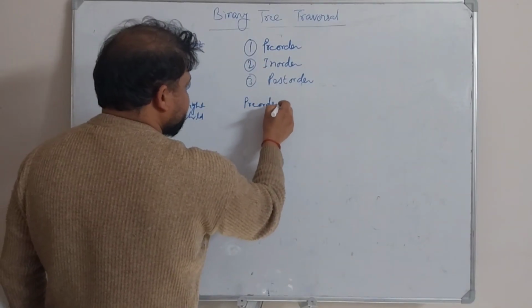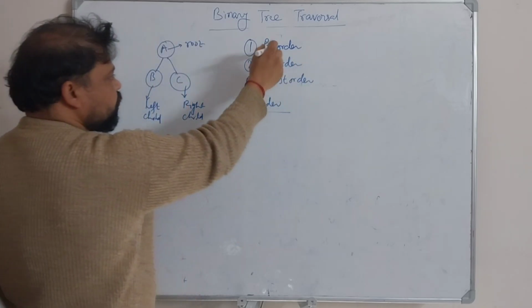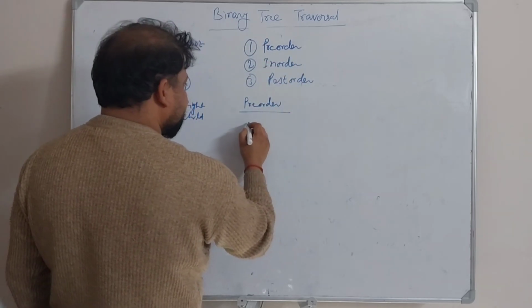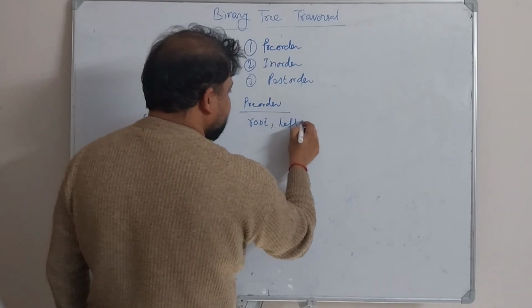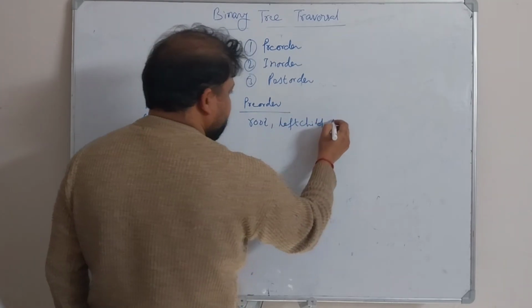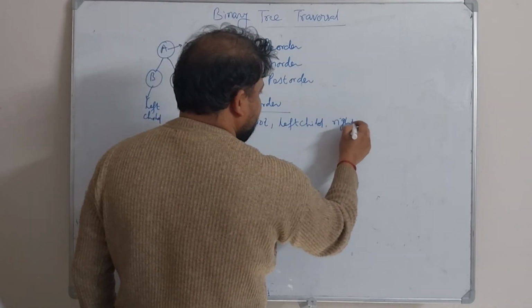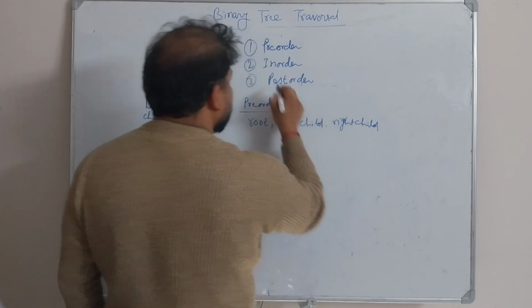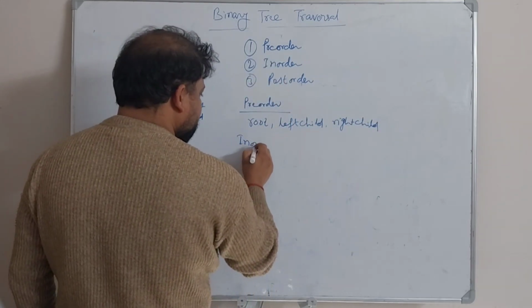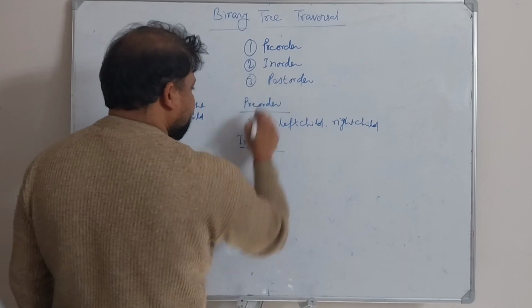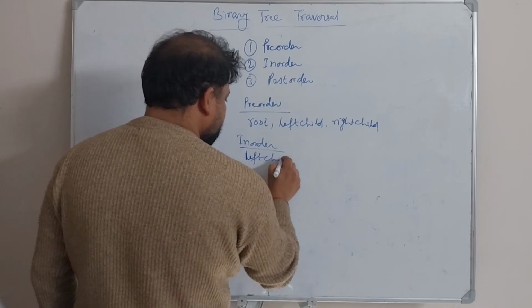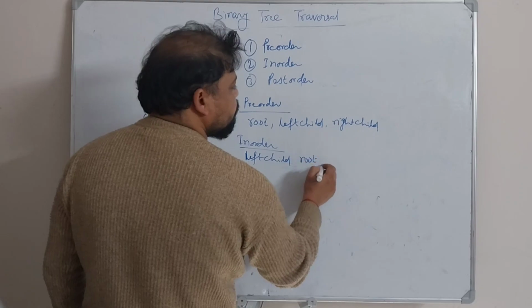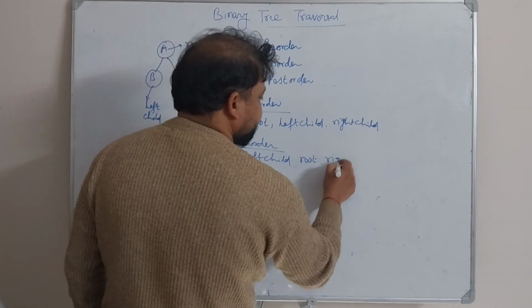If I have to traverse in a pre-order, in that case it will take root, then left child, and then it will go for the right child. That is the sequence. In case of in-order, it will take the sequence left child, then root, and then right child.